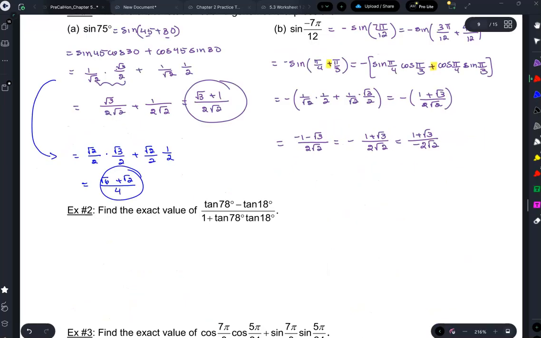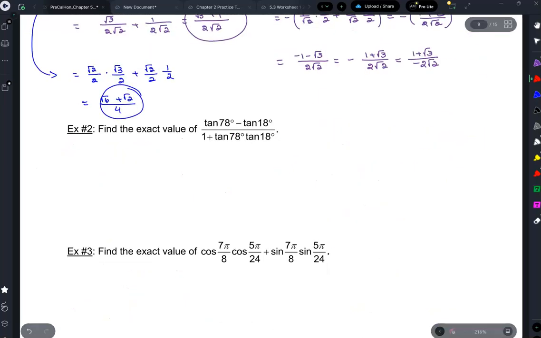Similarly, if I see tangent of something minus tangent of something else over 1 plus tangent, I'm like, wait a minute, let me look closely at this. Tangent of A minus tangent of B over 1 plus tangent of A tangent of B. Wait, that's the sum and difference identity for tangent.